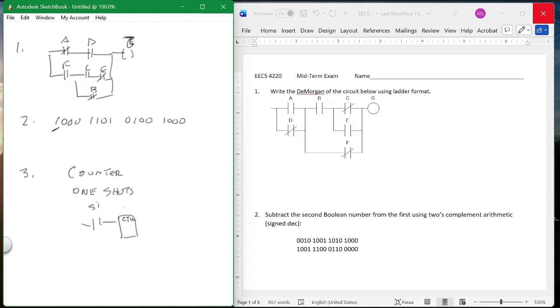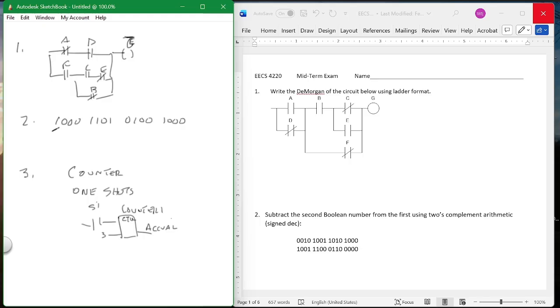Let's call this counter 1. If you're doing Siemens, you have an accumulated value over here, call it accumulated value. If you're Allen Bradley, you just use counter 1.ACC. And then you also have a preset of 3 if you're Siemens. If Allen Bradley, counter 1.pre is equal to 3, and you can do it that way.